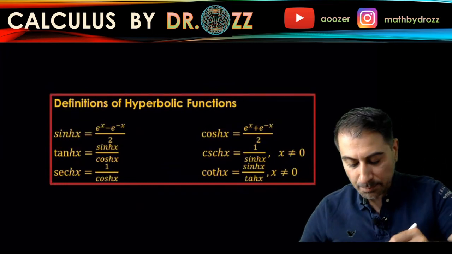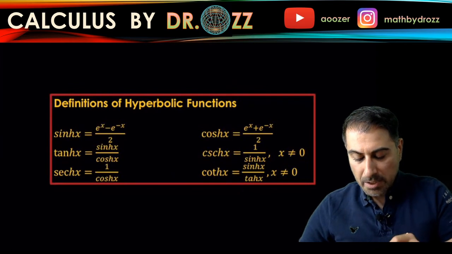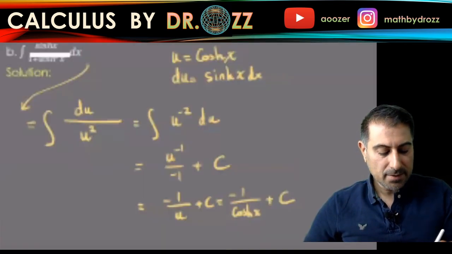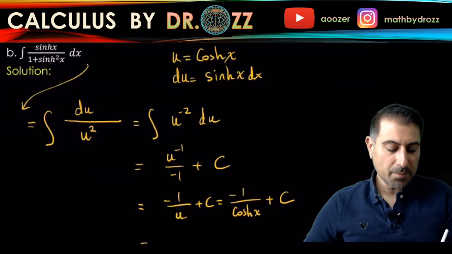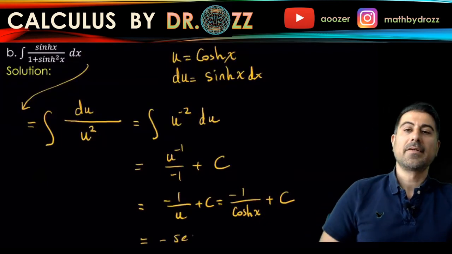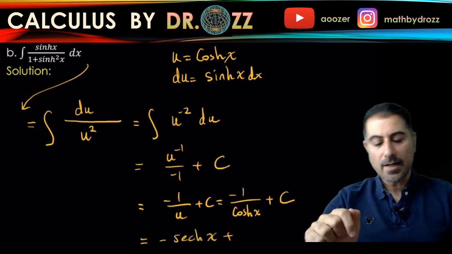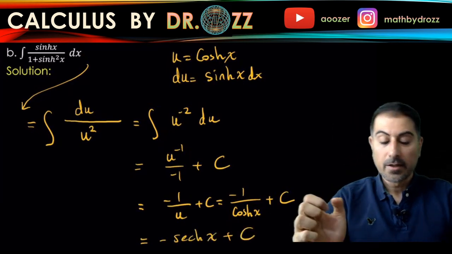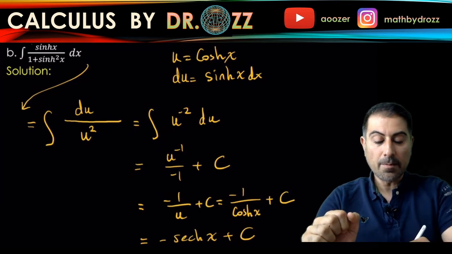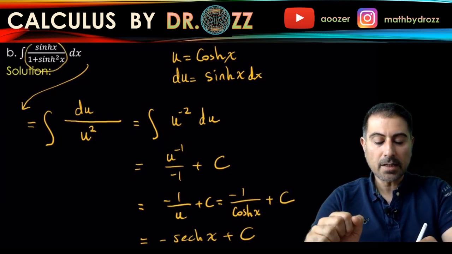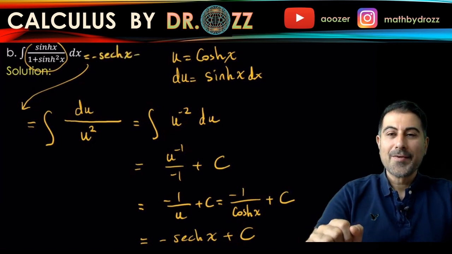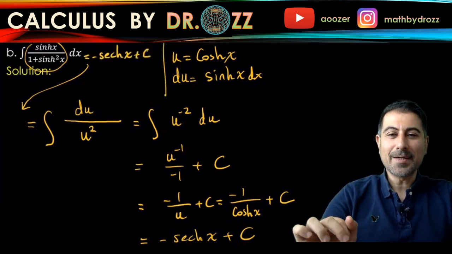So it's the reciprocal of cosine hyperbolic x that takes you to minus secant hyperbolic x plus c. So if you integrate this integrand here, what you're getting is minus secant hyperbolic x plus c. So that takes care of part B.